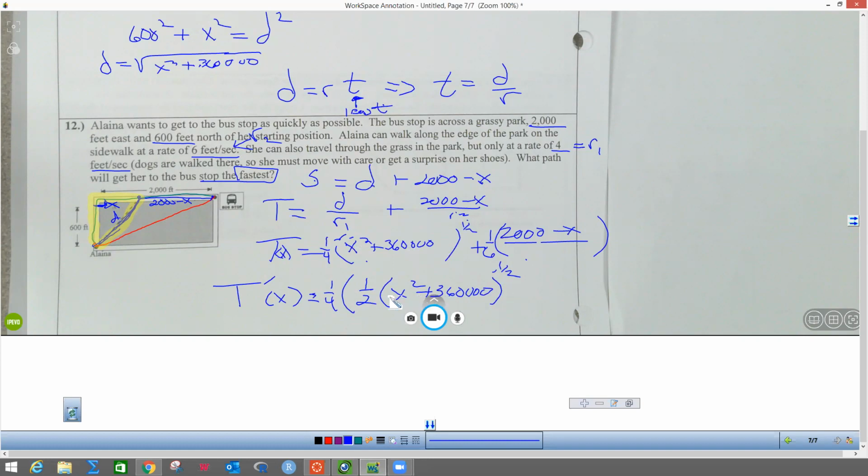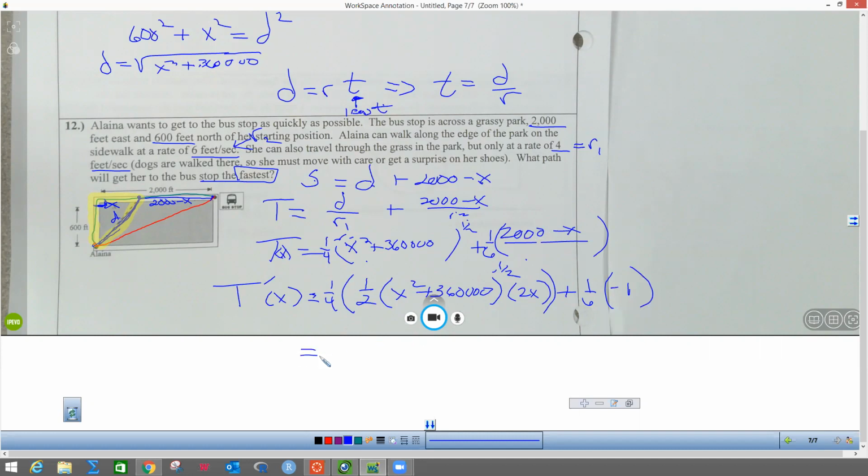Then we go inside here and do the derivative of this, which is going to be a 2x. So there's the derivative of the first part. And then plus, we need the derivative of this part, so we leave the 1/6 the same. We go inside, the derivative of 2,000 is 0, and the derivative of negative x is -1.